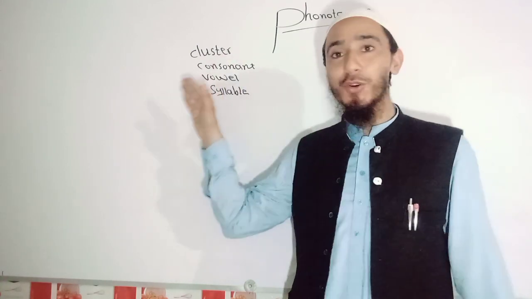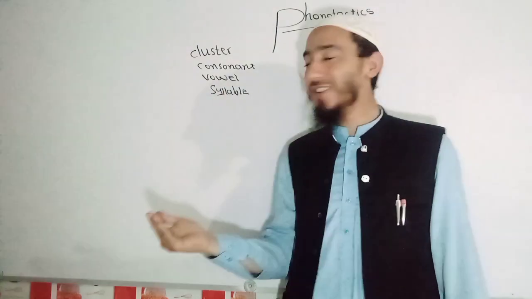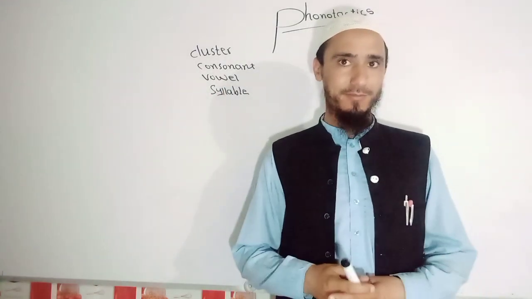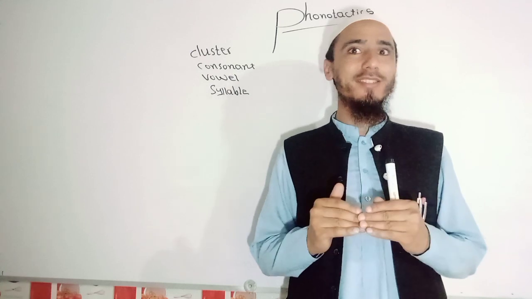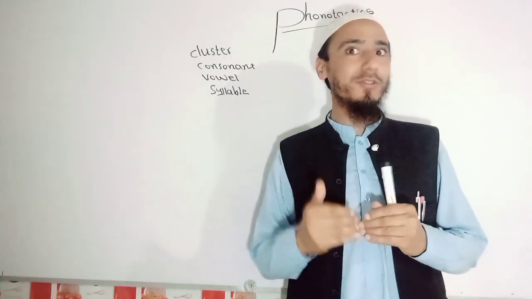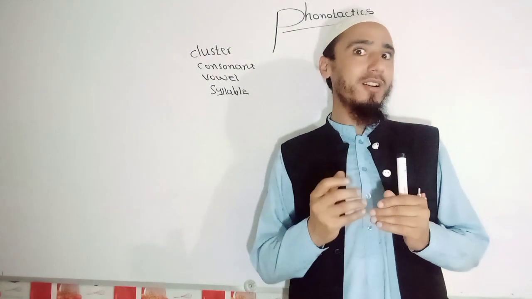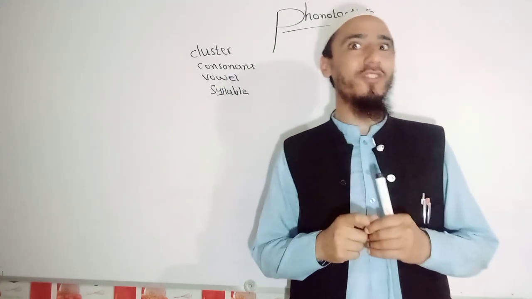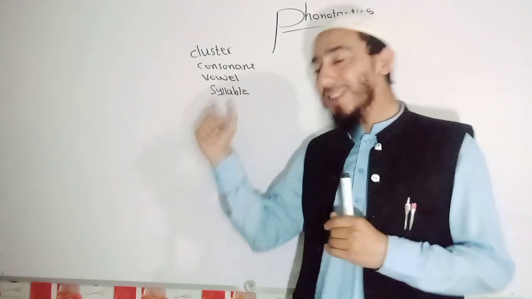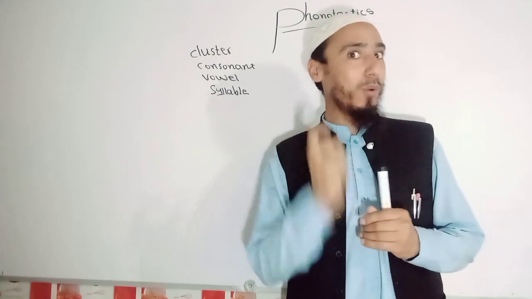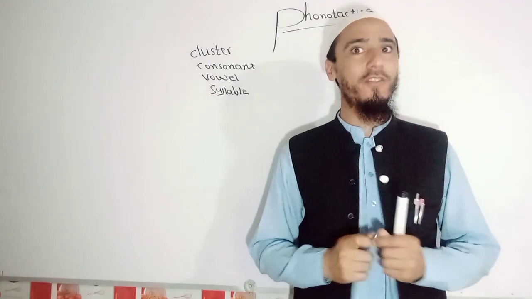And I also told you the main difference between consonant sounds and vowel sounds. Consonant sounds are produced with obstruction to the flow of air, and vowel sounds are produced without obstruction to the flow of air.